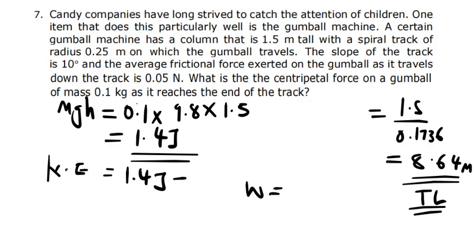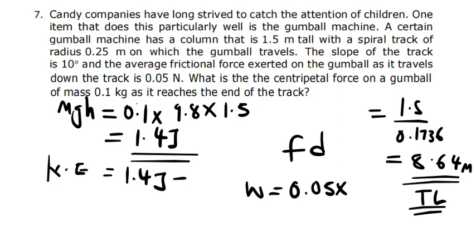In the question, the frictional force exerted is 0.05. Okay, so I've been given 0.05, multiplied by, you know that work done is equal to force multiplied by the distance, right? So work is force multiplied by the distance. Now we found the frictional force, they've already given us, multiplied by the distance.